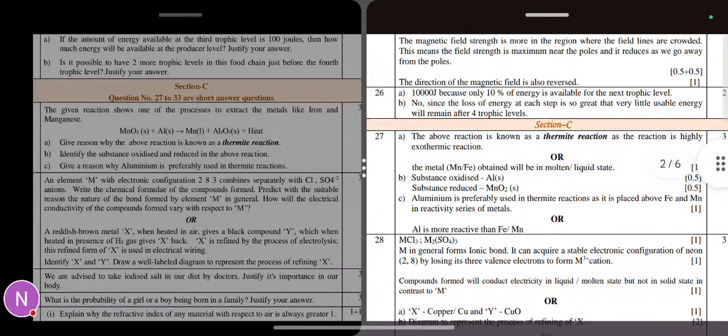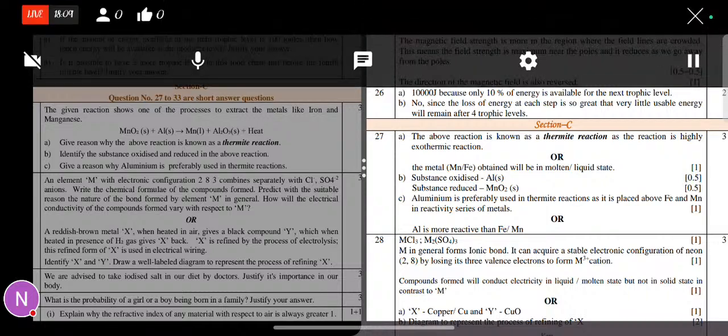So M in general forms ionic bond. So it can acquire a stable electronic configuration of neon by losing its 3 valence electrons to form M3 plus cation. So compounds formed will conduct electricity in liquid molten state but not in solid state, in contrast to M.